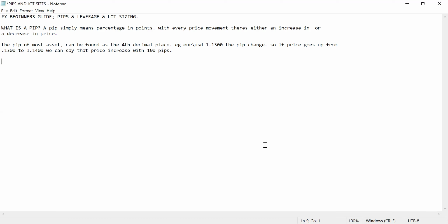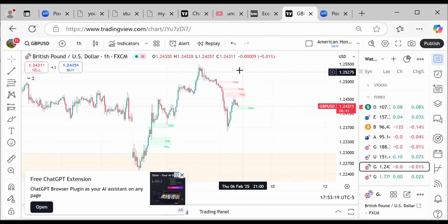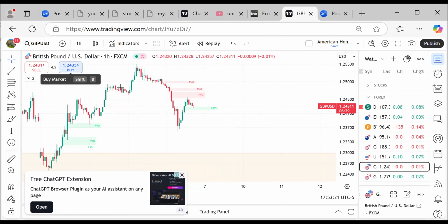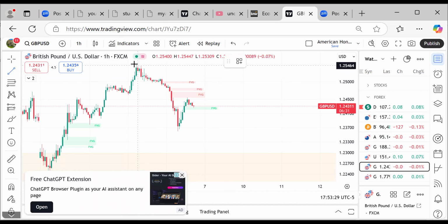So let's just quickly look at the chart before we come back to what we're looking at. You can see here, I just wanted to show us what a pip is. You can see where price started falling from 2,500. Let me enlarge this. Sorry about that.